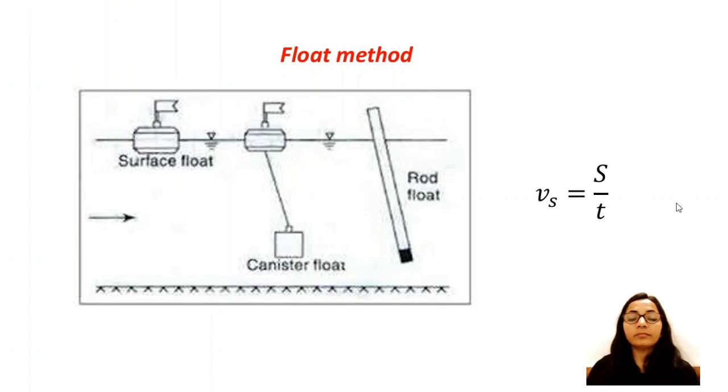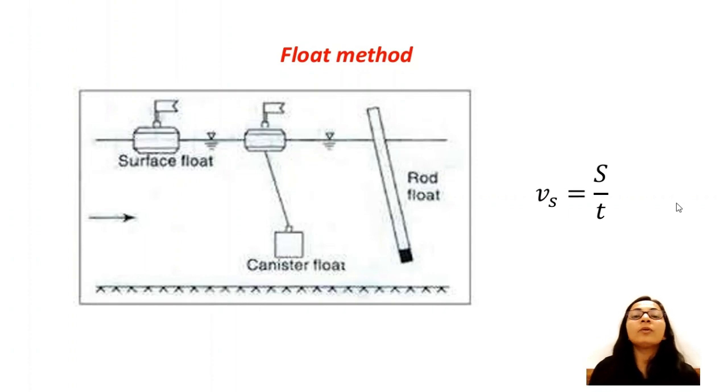So by getting the velocity of flow, we can get the discharge. There is a continuity equation: by multiplying the velocity of flow with the cross section area, we will get the discharge. So what is discharge? Discharge is the flow of water, or quantity of water, passing through a particular point in a particular time.